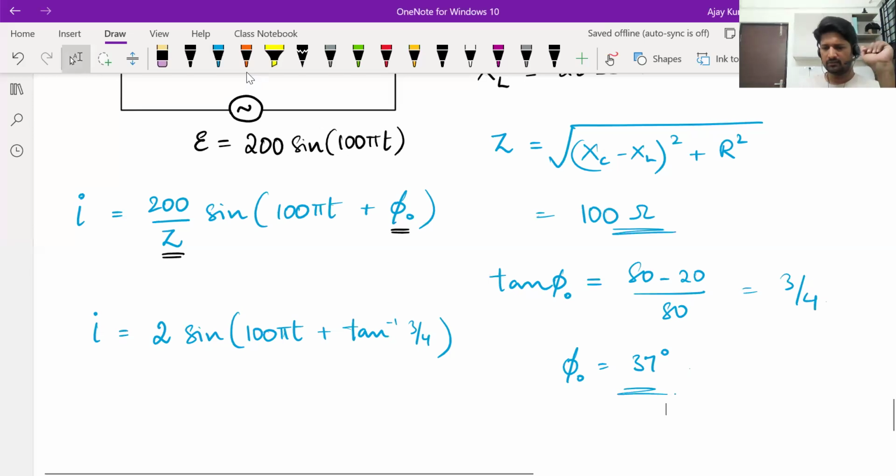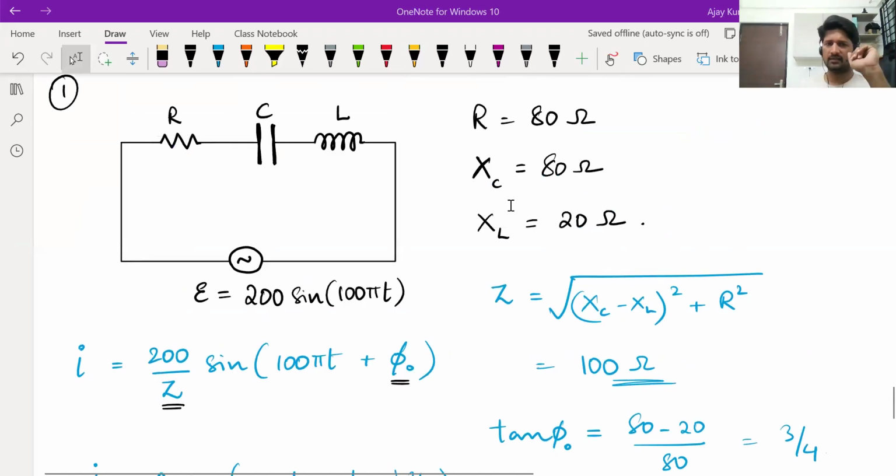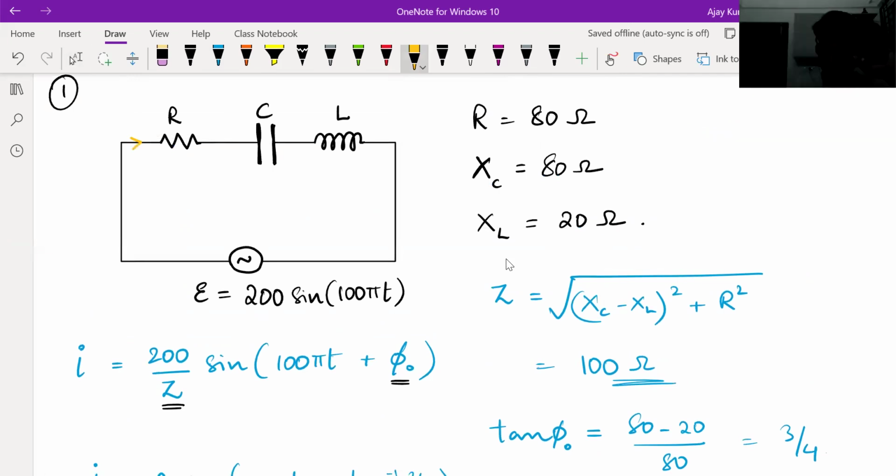So see, it's quite easy to derive the current equation. If you know XC, XL and R and the EMF function, you can easily write the current equation, not a big deal. Now let us think of what all can be derived based on the current equation. We know they all have the same current.